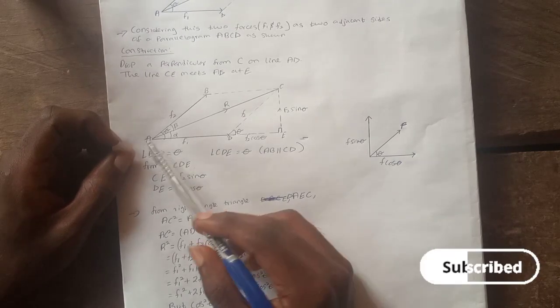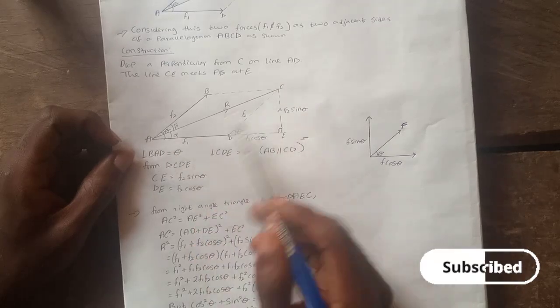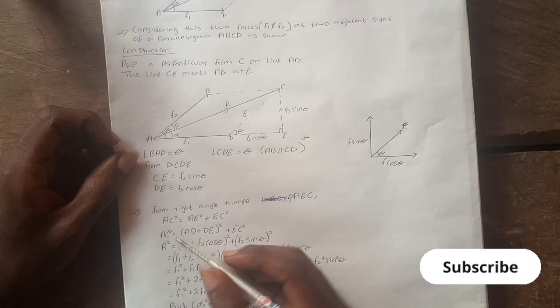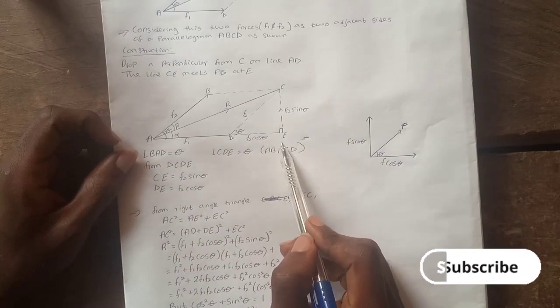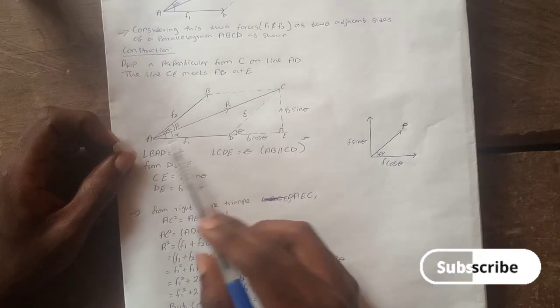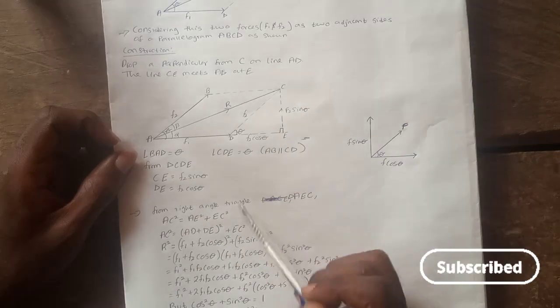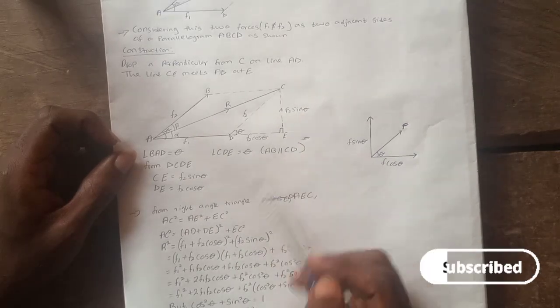So the hypotenuse is this one, which is the resultant, AC square, equal to AE, that is the adjacent, AE square plus EC square, which is the opposite.